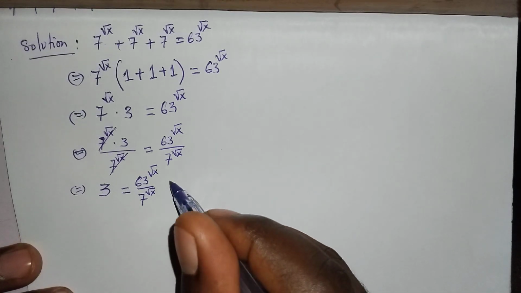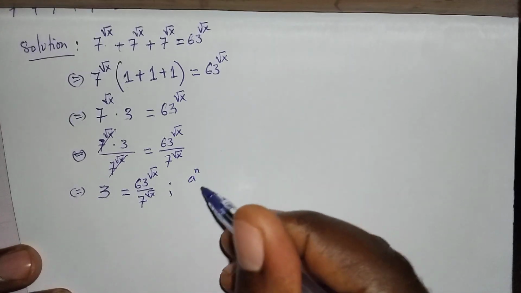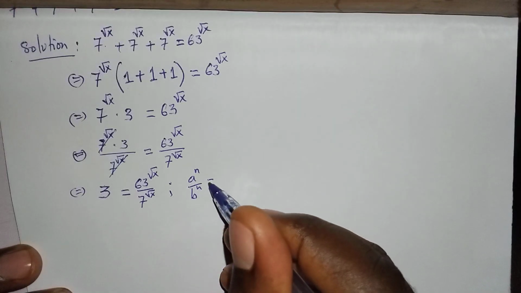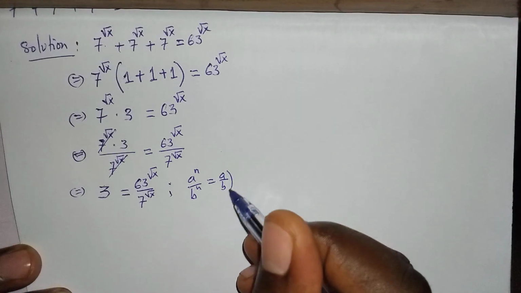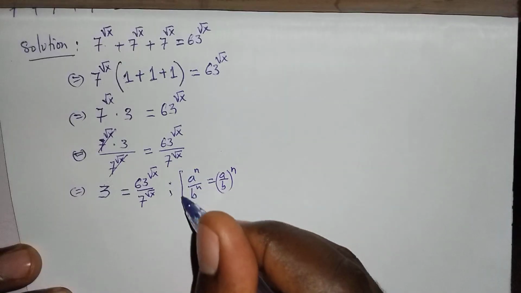So from here, when you have a^n over b^n, it is equal to (a over b) all power n.